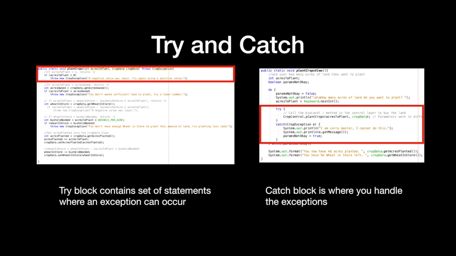For example, in our game, we have the public static void plantCrops function, where we had to check the value input by the user and see if we get a not allowed or invalid value. For example, if the acres to plant are less than 0, we can't plant a negative number of crops. So we use that as an exception.